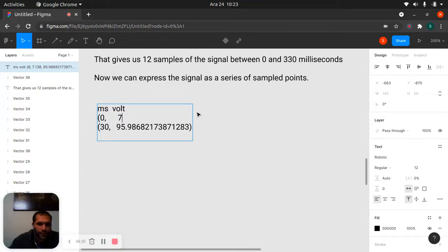Close also this parenthesis here. The right side is representing volts, the left side is representing our milliseconds. This one is 60. Look at that, it's all the time going 30 more. This one is representing minus 71.